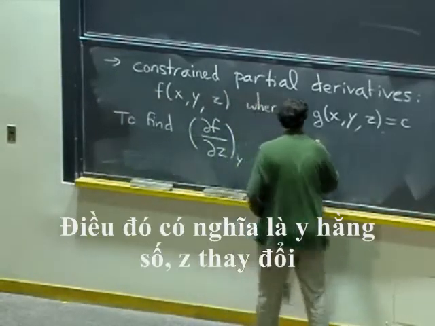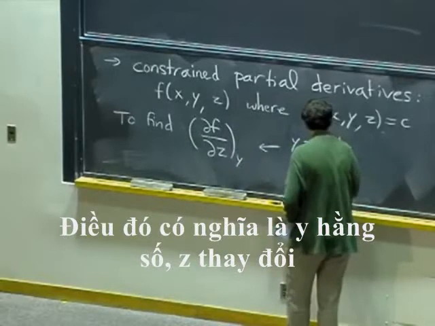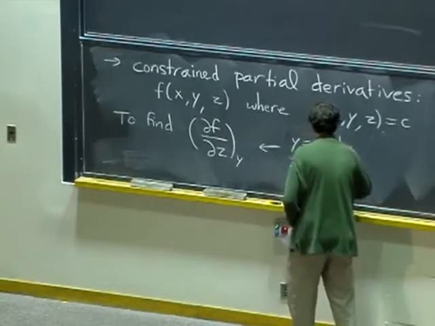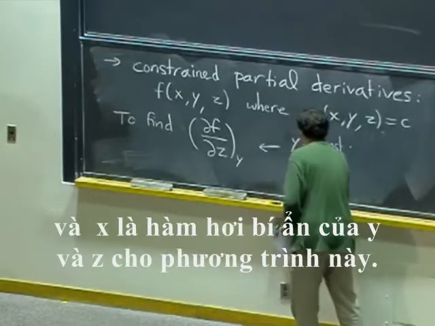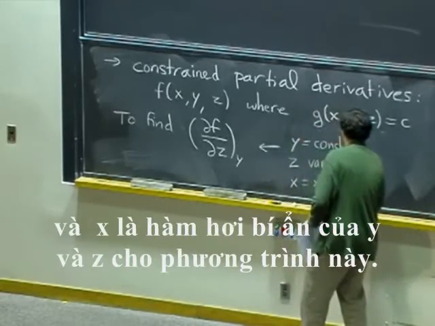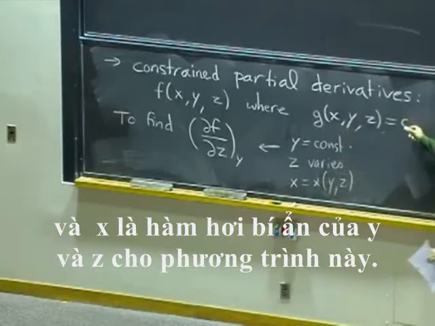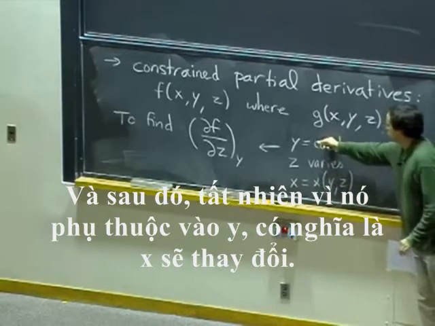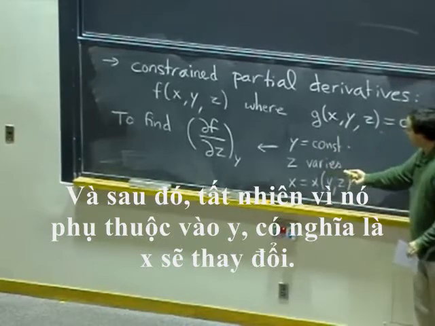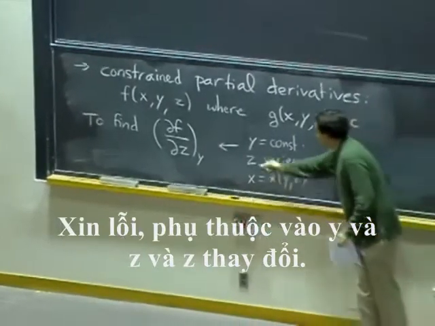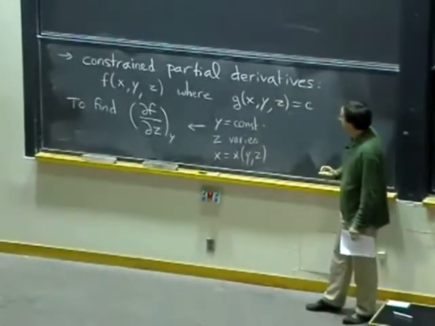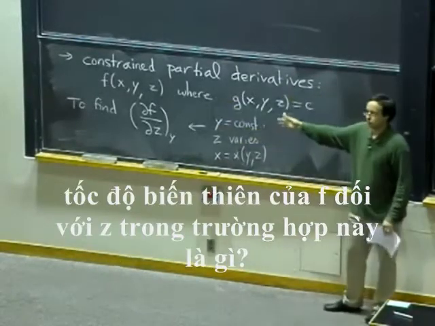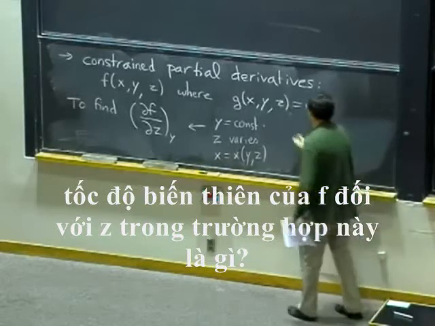That means y is constant, z varies, and x somehow is mysteriously a function of y and z through this equation. And then, of course, because x depends on y and z, x will vary. So now we're asking ourselves, what's the rate of change of f with respect to z in this situation?